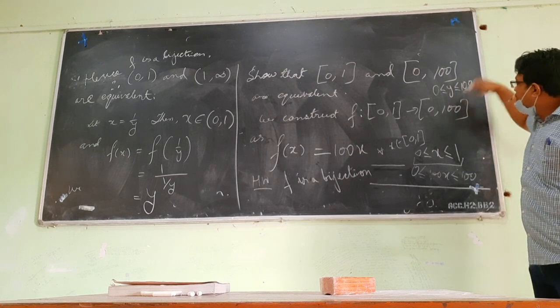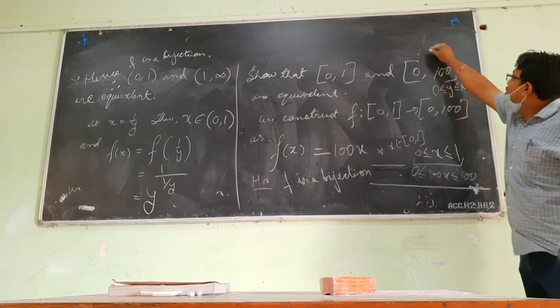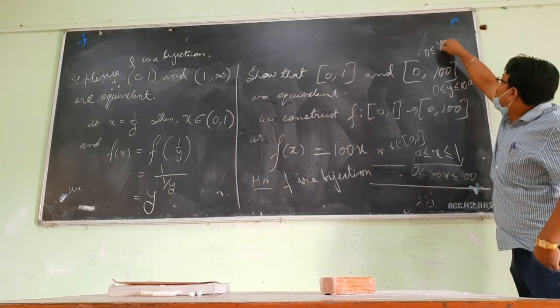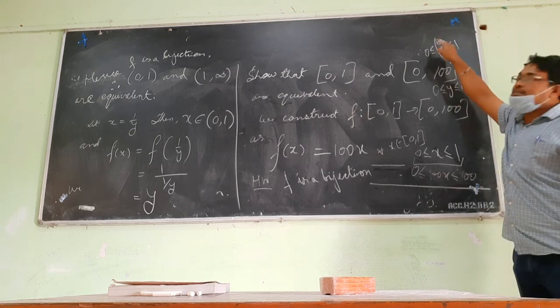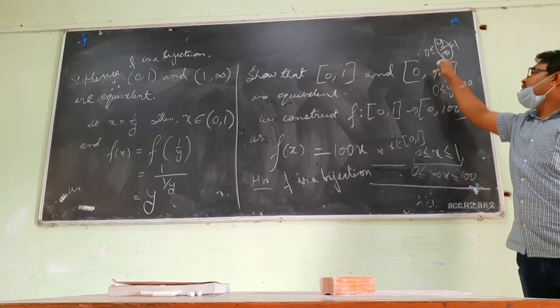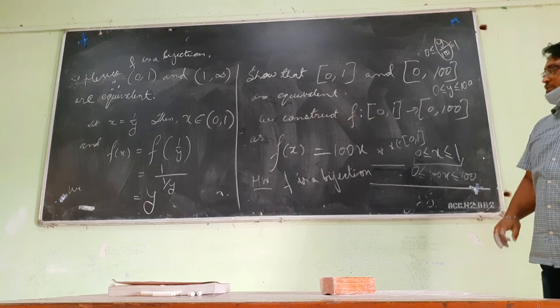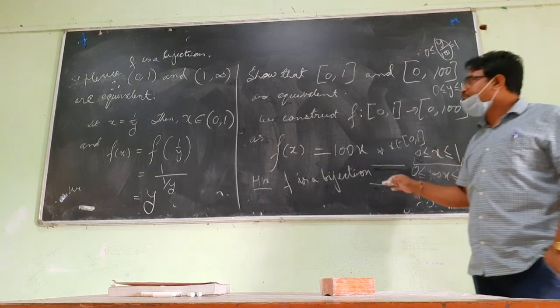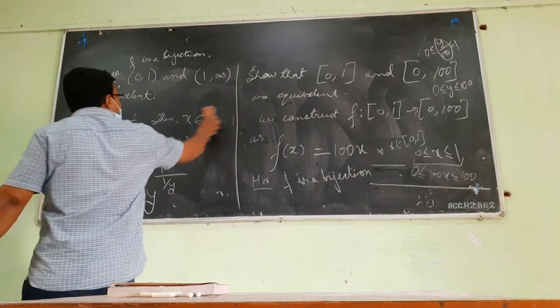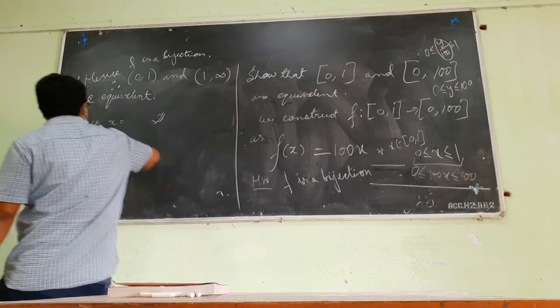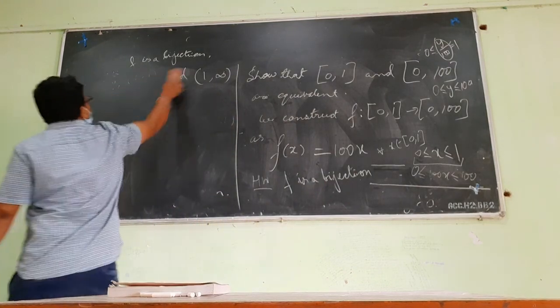Divide everything by 100, so you get 0 less than or equal to y by 100 less than or equal to 1. Take this y by 100 as x. So this lies in the domain. So you show that this is a bijection. Very simple. Next, these two are equivalent.